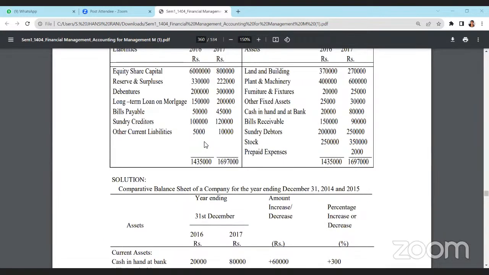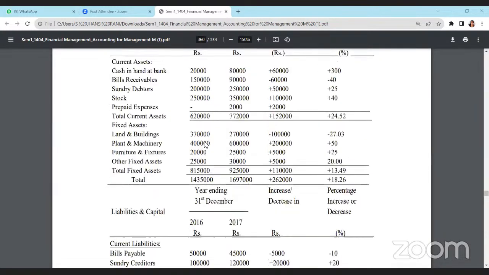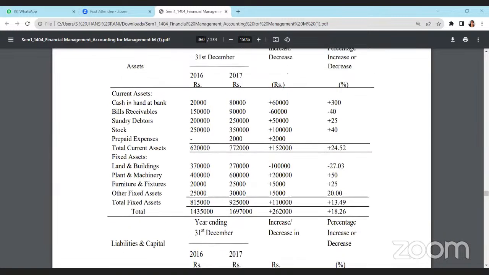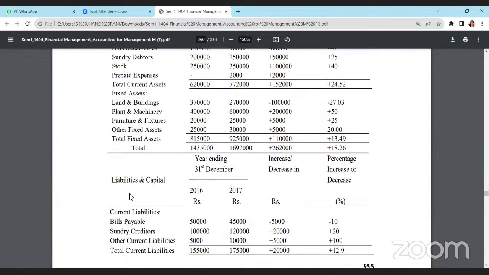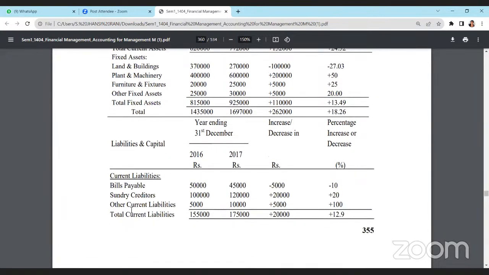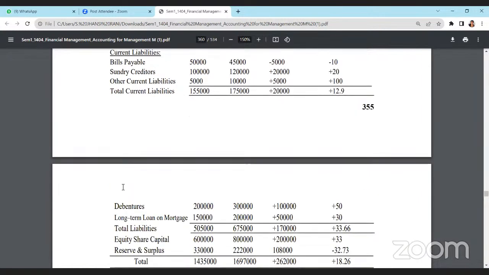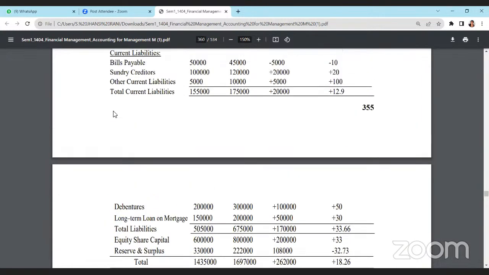So if you look here, this is the format you have to remember. Current assets, all current assets will be written. Next, fixed assets. Then come liabilities. Under that again, current liabilities and non-current, such as debentures or long-term.